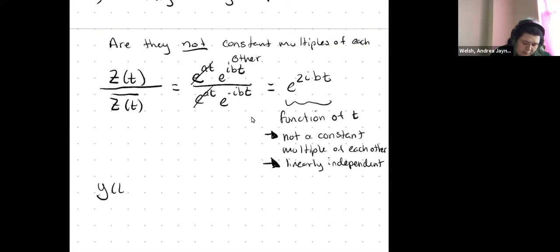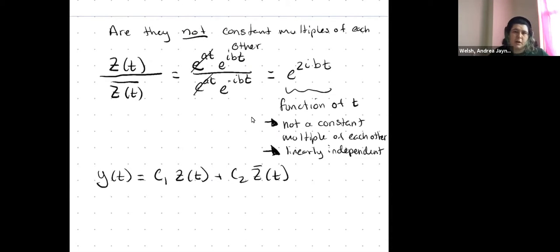I'm going to say that we can add these solutions together. I'm going to use y for now as our complete solution. And you may say we can just stop here, but the issue still is that z and z bar are imaginary, or they're complex numbers, and we still want to have solutions that are inherently real.